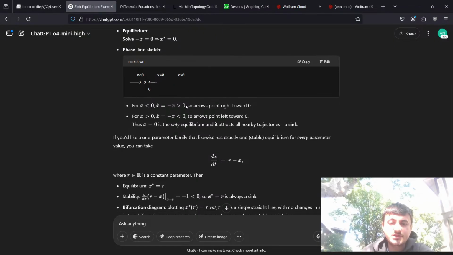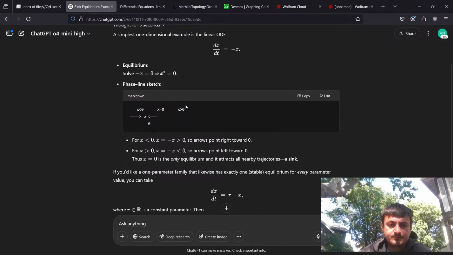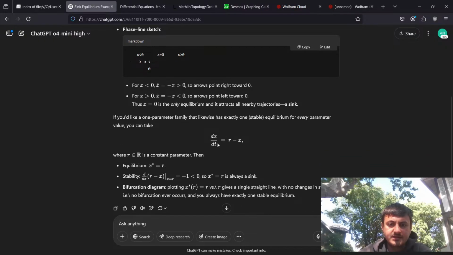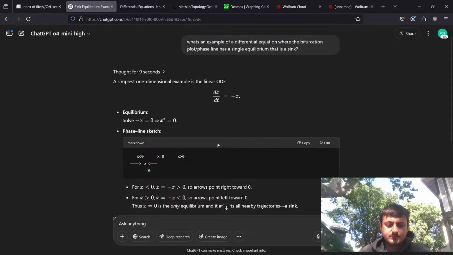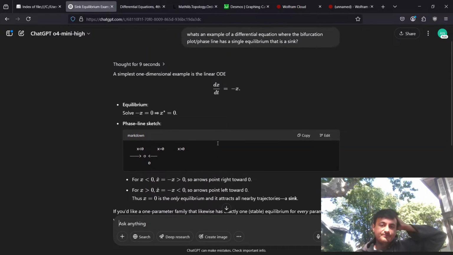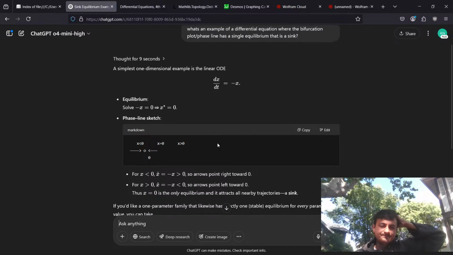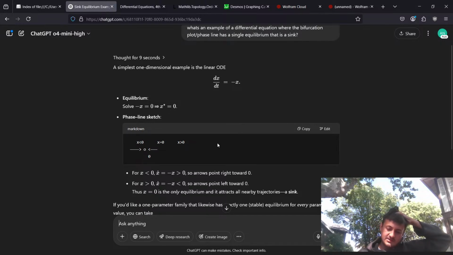Actually, that's a good problem. Oh, they do it like this. Oh, so it's not ax, it's a minus x. All right, but let's do the phase line.